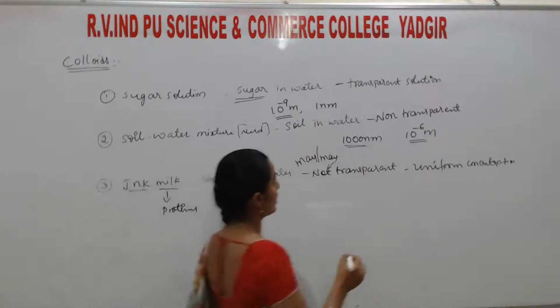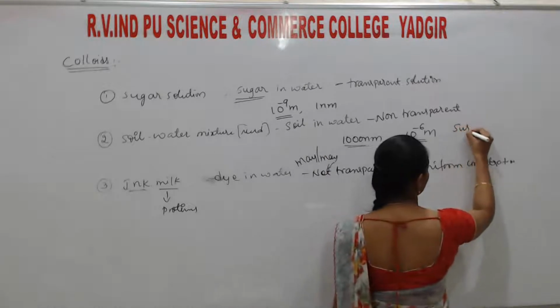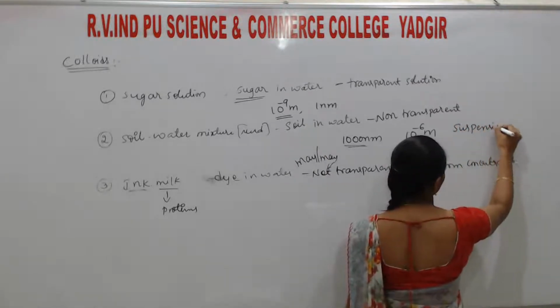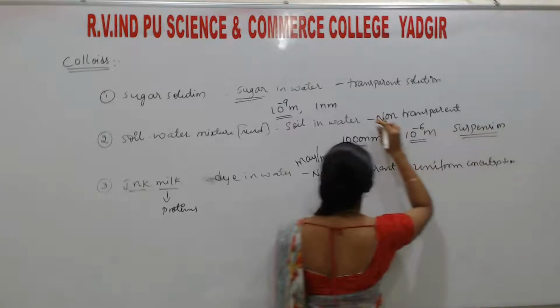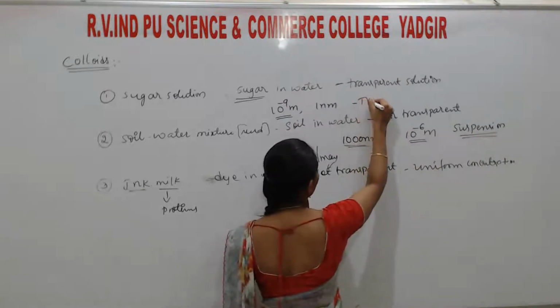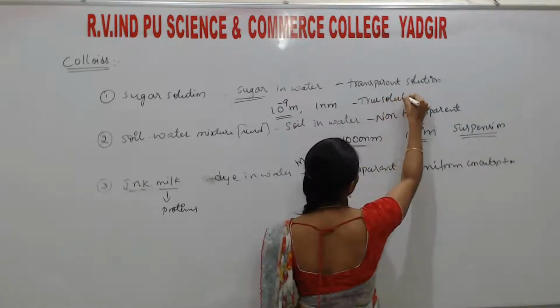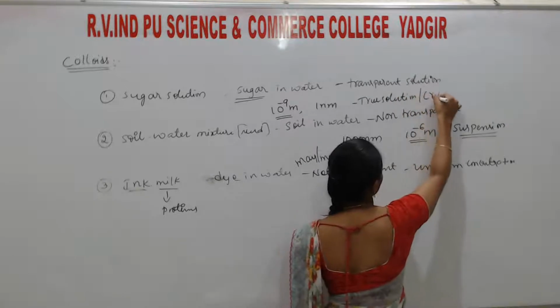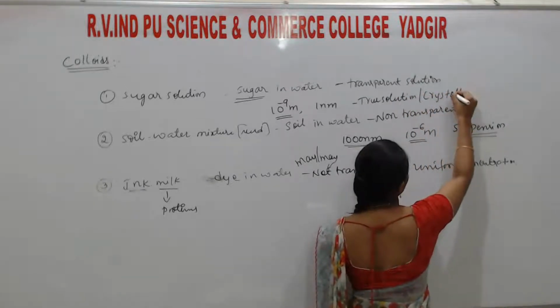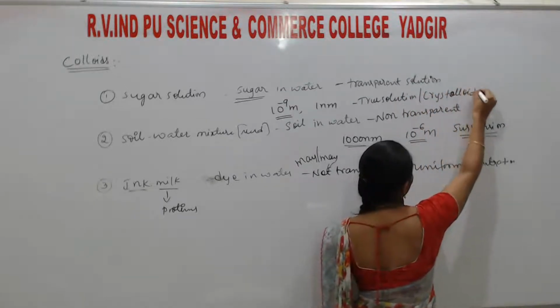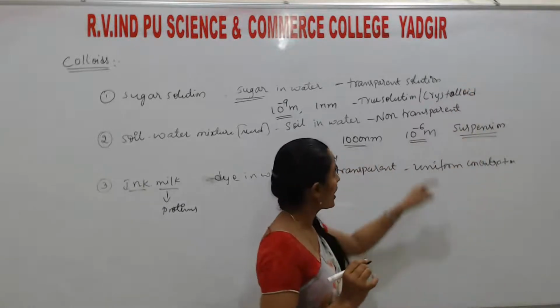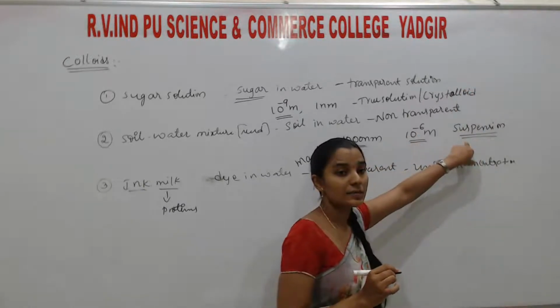This is called as what? Suspension. This is called suspension. So students, this one is called a true solution or crystalline. This one is called suspension.